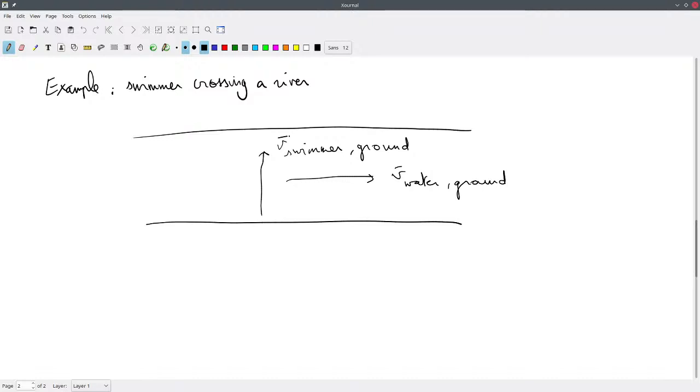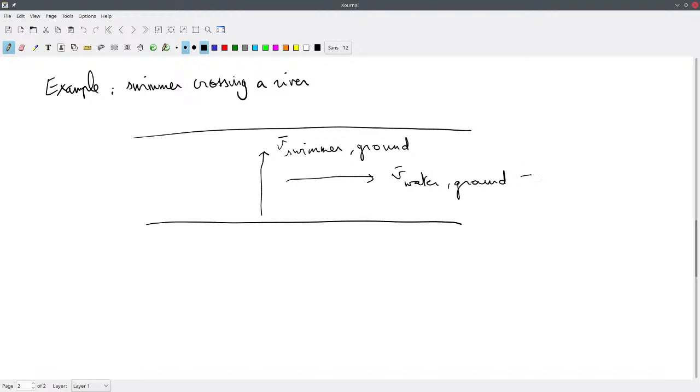In which direction will the swimmer have to swim with respect to the water? In other words, in which direction does the swimmer have to face to actually get a ground velocity that is completely perpendicular to the direction of the water current here? So think about the direction.